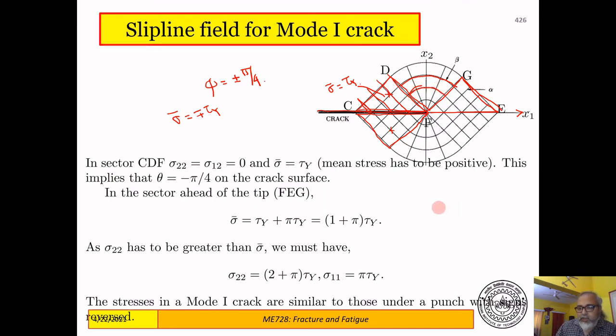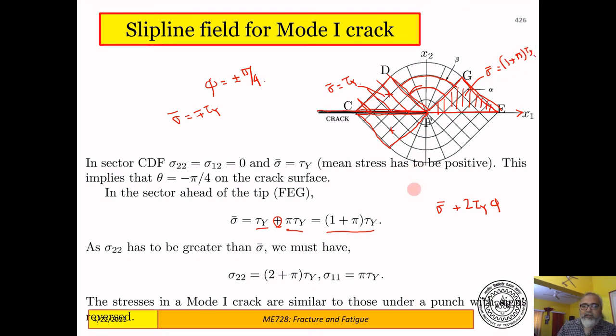Therefore sigma bar plus 2 tau y phi is constant, which means that the sigma bar here and the sigma bar in this region will be related by tau y plus, because you're going around along a beta line, plus pi times tau y. So it will be equal to 1 plus pi tau y. So here in this region, the sigma bar is 1 plus pi tau y.